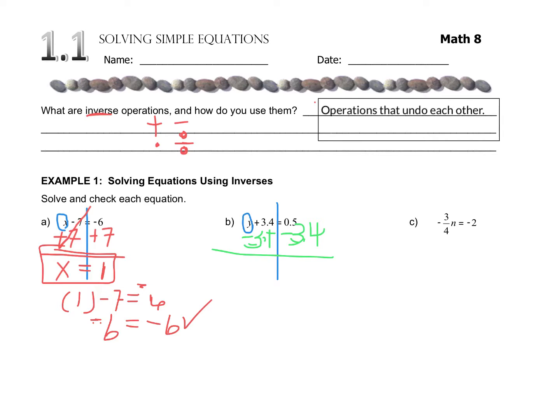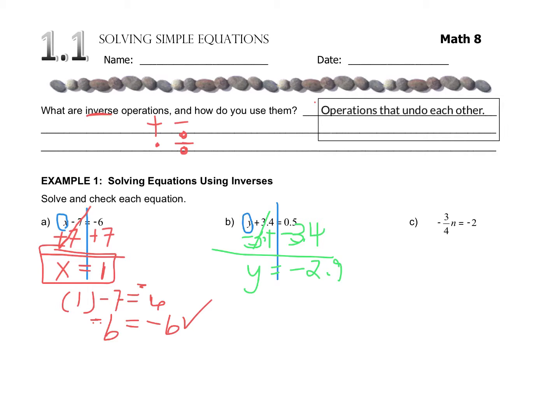So 3.4 minus 3.4 would cancel and become a 0. That would leave me with the y that we're looking for. On the other side, 0.5 minus 3.4 is negative 2.9.